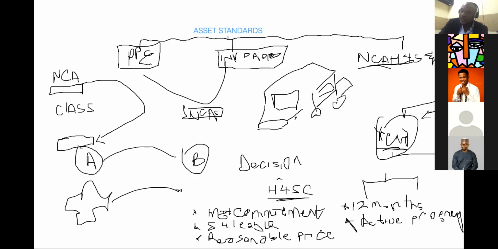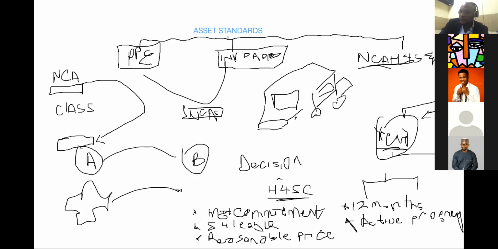So the cost should now be matched with when it is sold. Even if that asset is still being used, the depreciation should stop, because the primary benefit that we're going to get from that asset will be when it is sold.